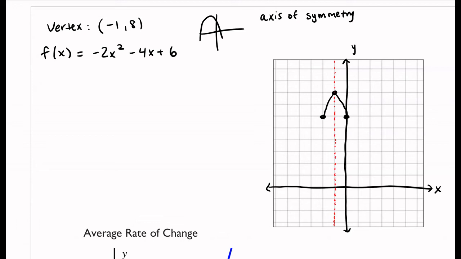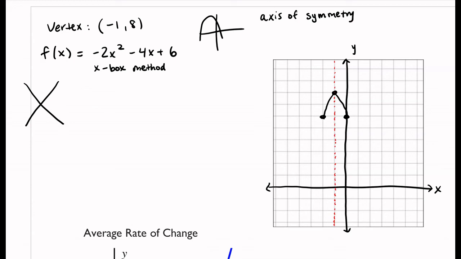Okay, so there's our function, and notice that our a value is not equal to 1, and so I would suggest trying to factor this using the Xbox method first, and then if that doesn't work, we can always use the quadratic formula. Let's go ahead and see if that works.